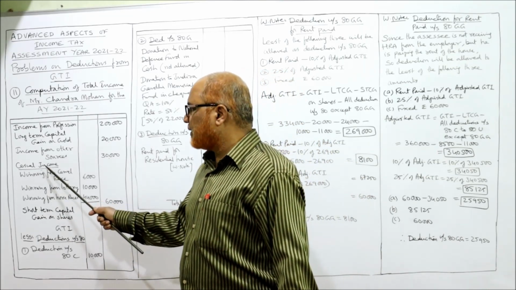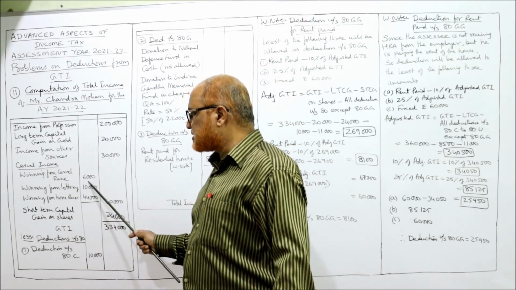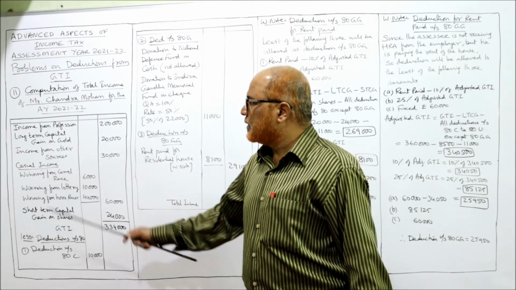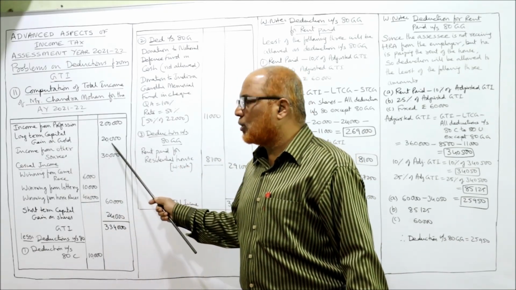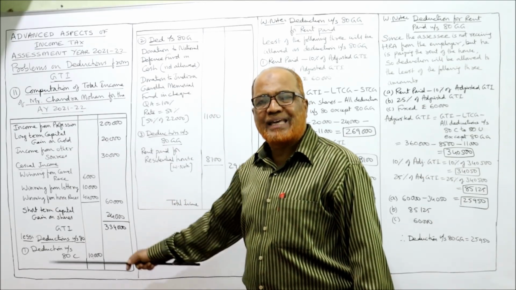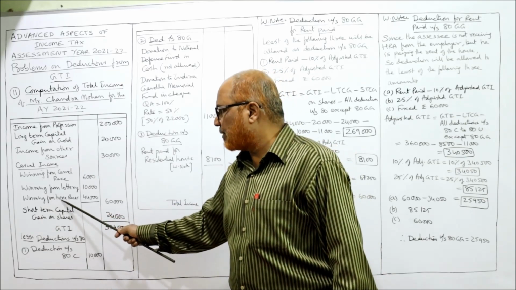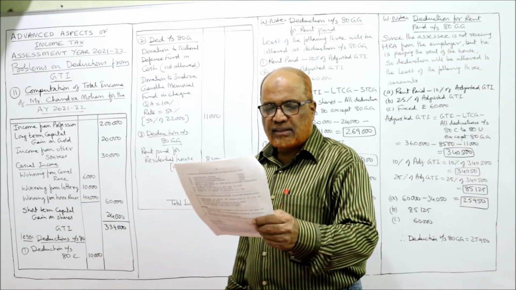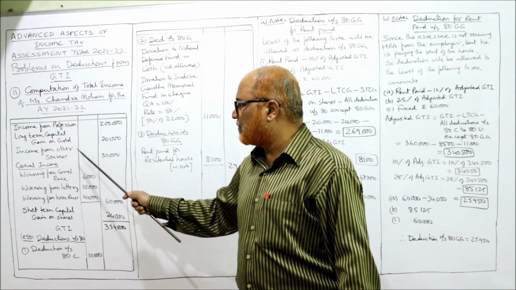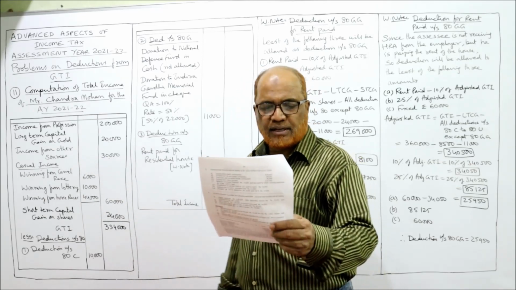So casual income, winning from camel race, 6,000. Next, long-term capital gain on gold, 20,000. Winning from lottery, that is also a casual income, 10,000. Then income from other sources, 30,000.